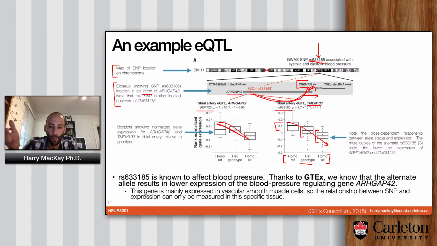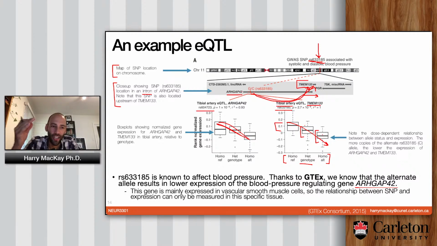And this SNP was already known by other people to affect blood pressure. Now, thanks to GTEx, we know that in the tibial artery, if you're homozygous for the alternate allele, you'll have lower expression of the blood pressure regulating gene RGAP42 as well as TMEM133. So I guess this is coming out to be a bit confusing, but the basic point is this.